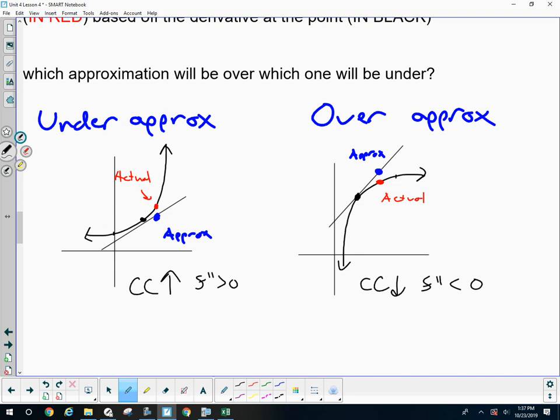Now, before we move on, I have a question for you. Both of these functions are increasing. If f of x was decreasing, does the situation change? Would my over approximation stay over, or will they become under? Discuss.